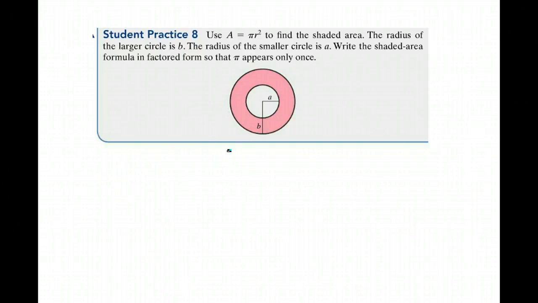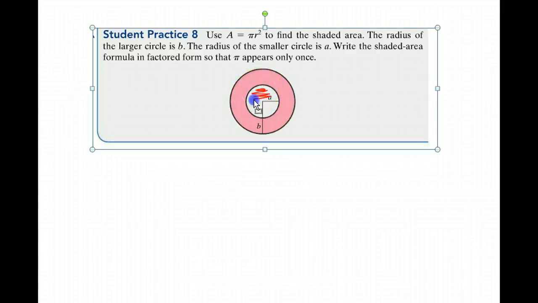Now if you think logically about what's happening here, the pink circle is part of a whole circle that's just being covered by this grayed out circle, if you think of it that way.